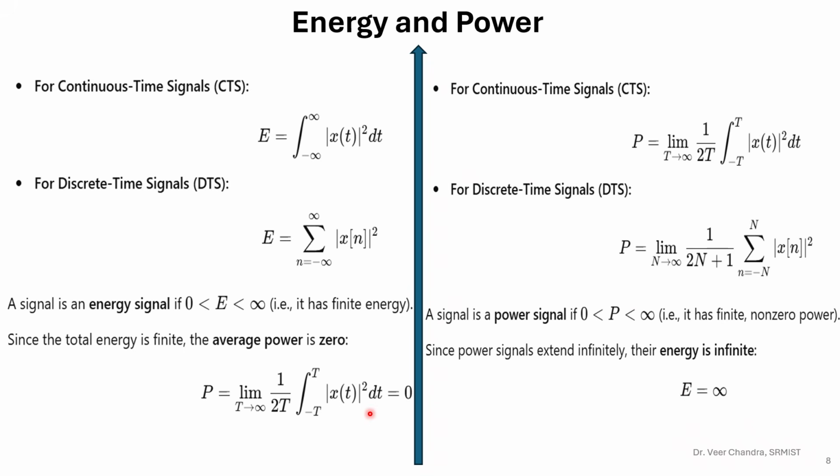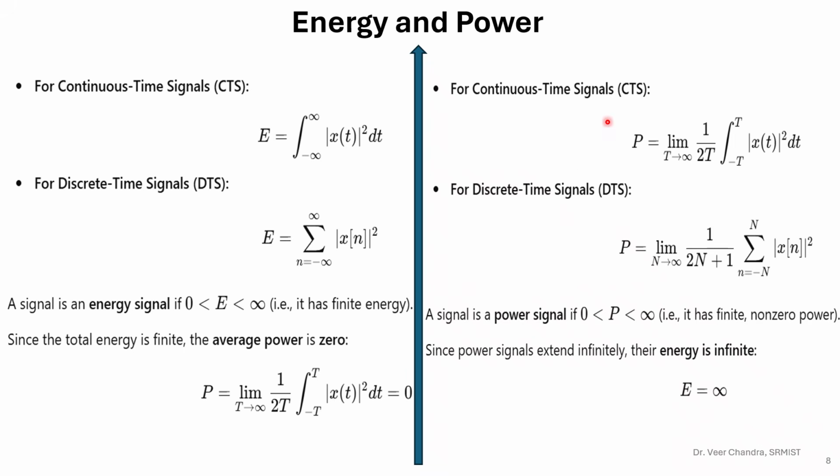Similarly for power signals, you can calculate the power, that is 1 by 2T, and integration over a particular time period only, minus T to T, x(t) squared dt. Here we are taking the average, right? So power is the average and energy is the total. So 1 by 2T, calculate it and check whether power is finite. If power is finite, that is called the power signal, and in that case energy will be infinite.